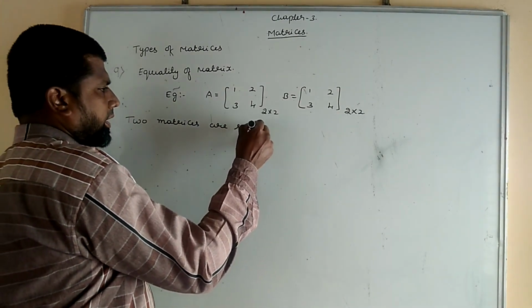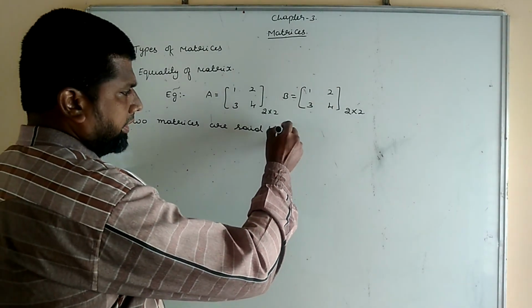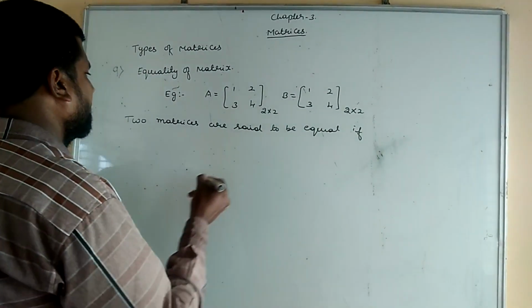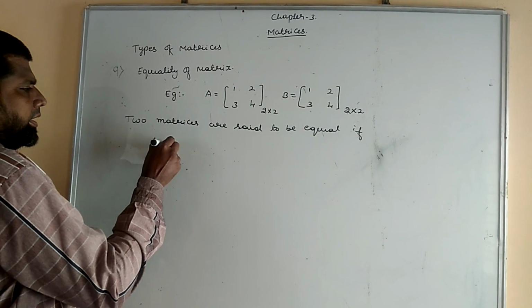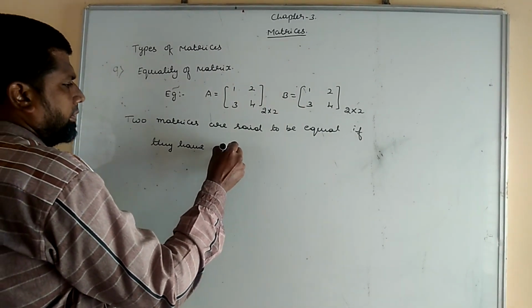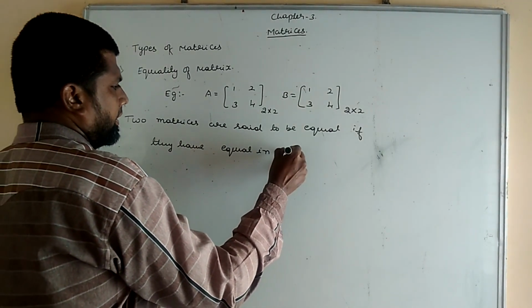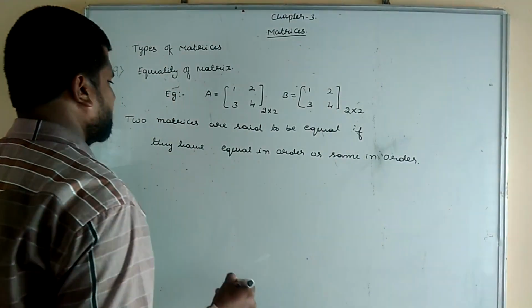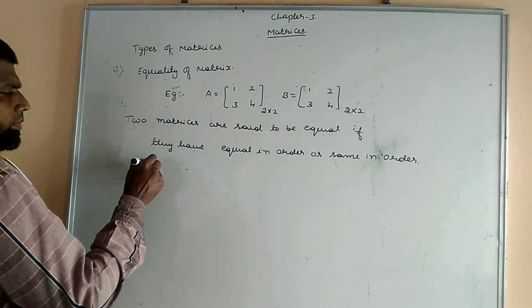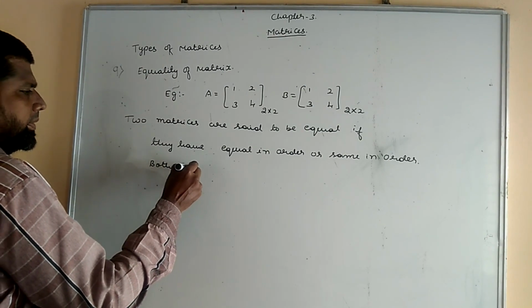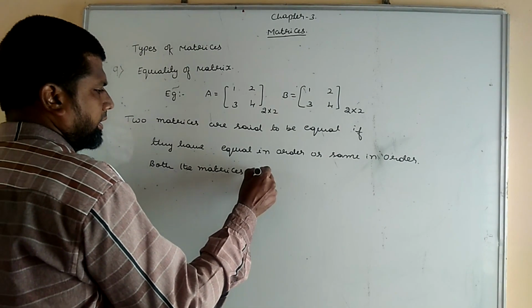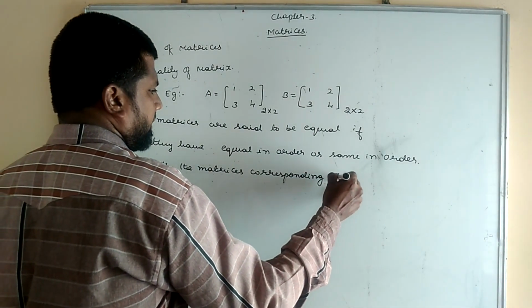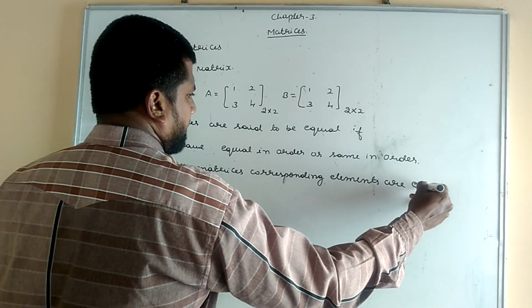Two matrices are said to be equal if they have the same order, and the corresponding elements of both matrices are equal.